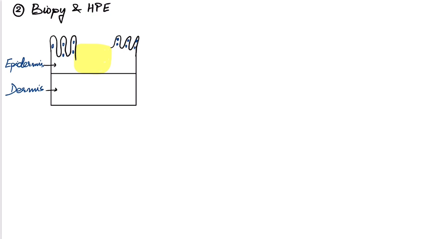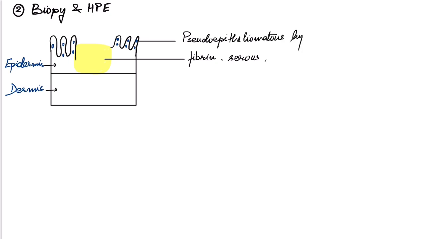So let us mark it down. This is the center of the epidermis, which is filled with fibrin, serosanguinous discharge, and this is the pseudoepitheliomatous hyperplasia. It may contain multiple neutrophilic microabscesses.